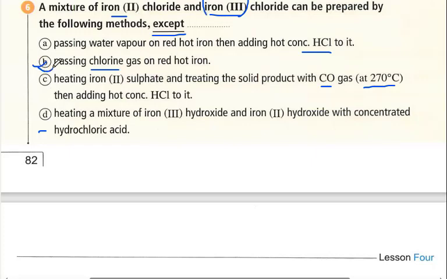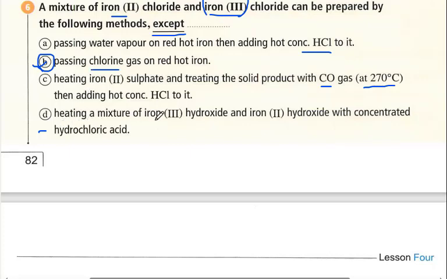The correct answer here is passing chlorine gas on red hot iron, as chlorine gas is an oxidizing agent. It can produce only iron 3 chloride. It cannot be a method to prepare the mixed chlorides.